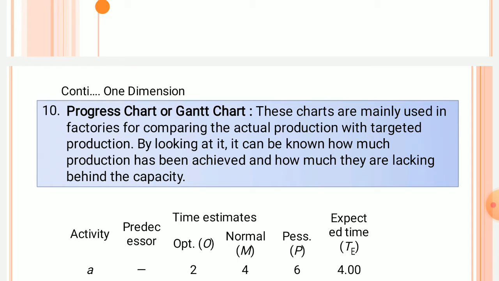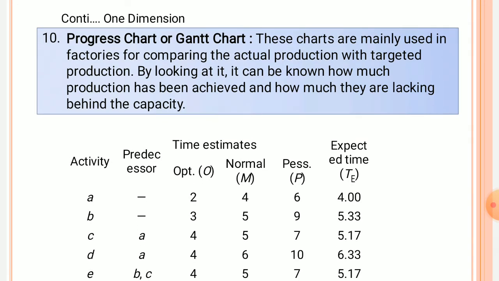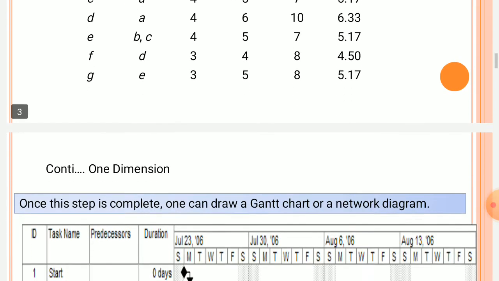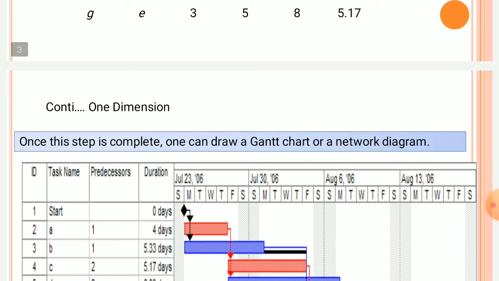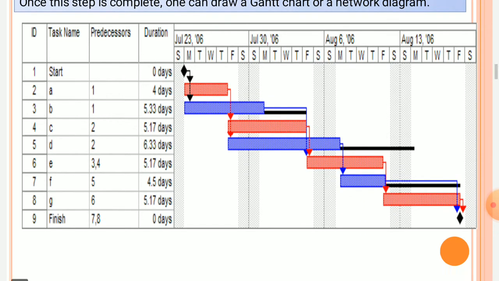By looking at it, it can be known how much production has been achieved and how much they are lacking behind the capacity. This is an example which is quoted here.